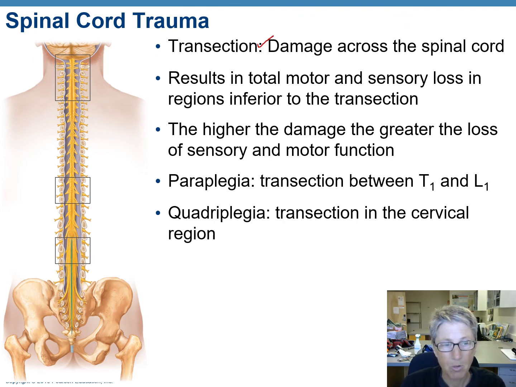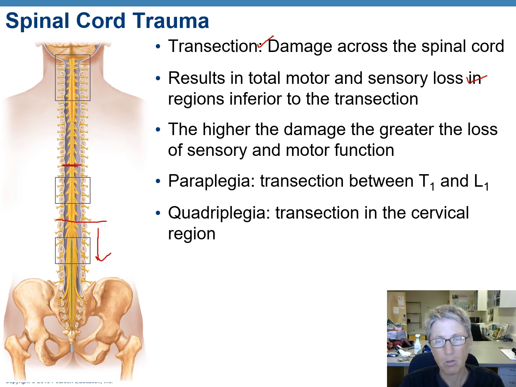That's damage across the spinal cord. If it's a complete transection, that could result in total motor and sensory loss in regions that are below the transection. So if you have a transection here, you're going to lose motor and sensory information inferior to where the transection was.